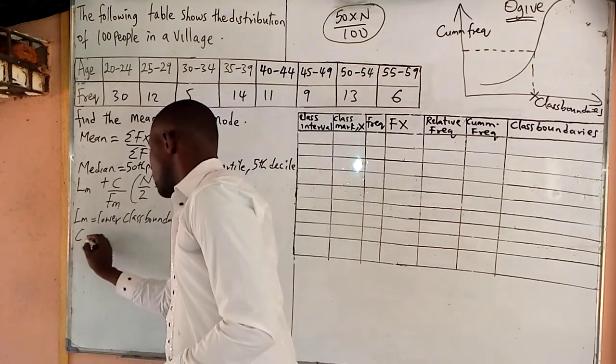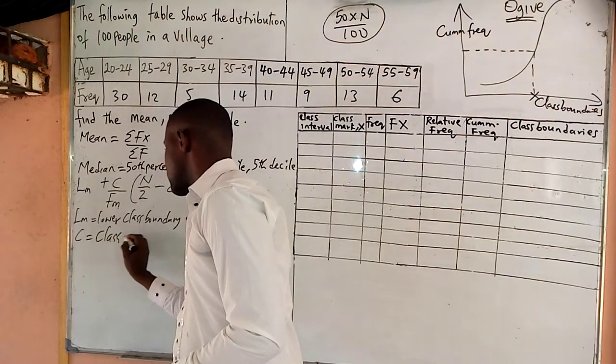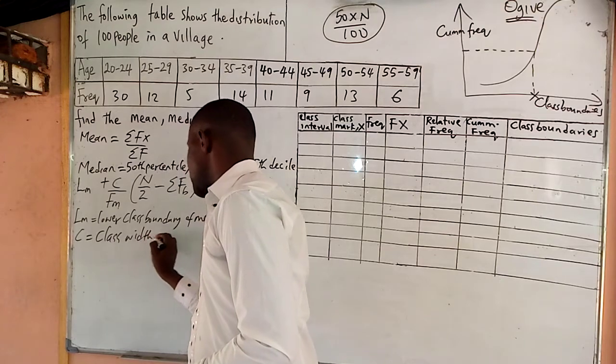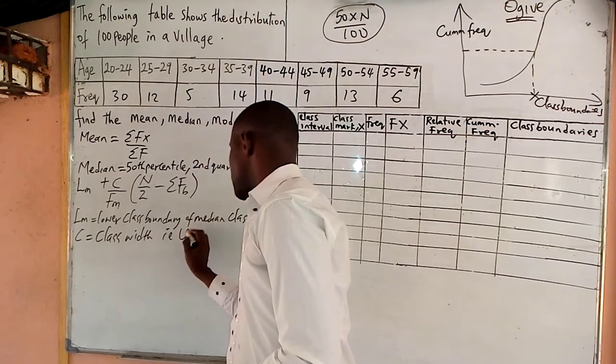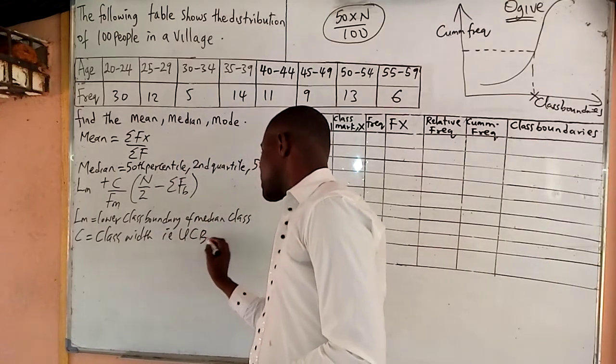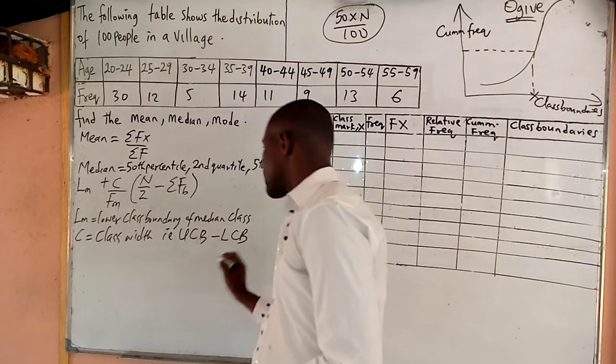Then C equals class width, that is, class width gotten by upper class boundary minus lower class boundary.